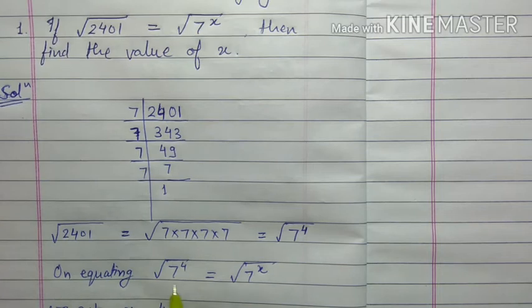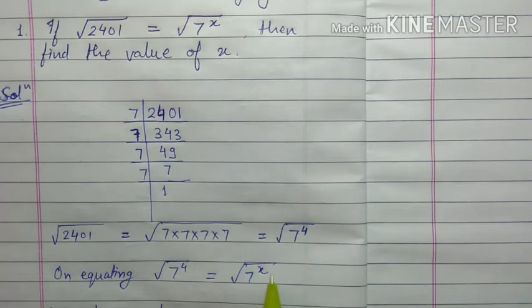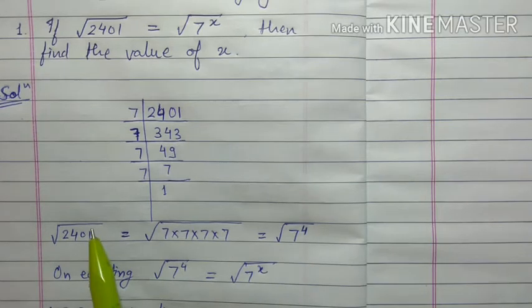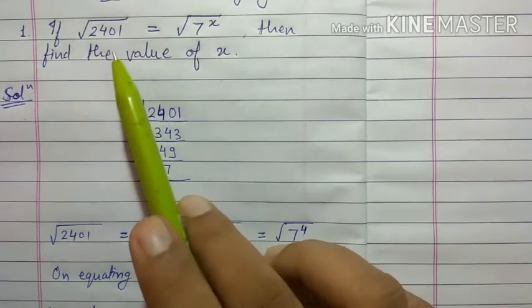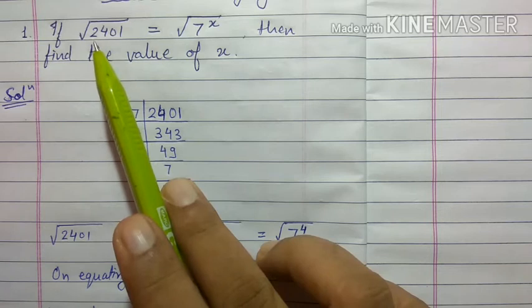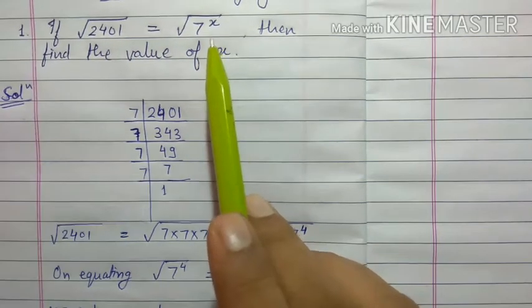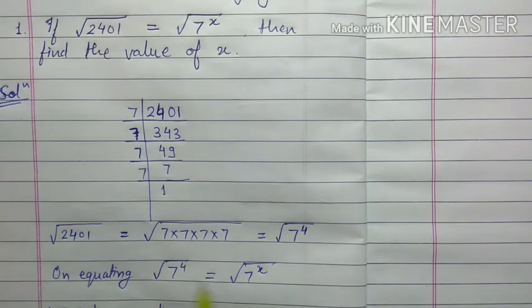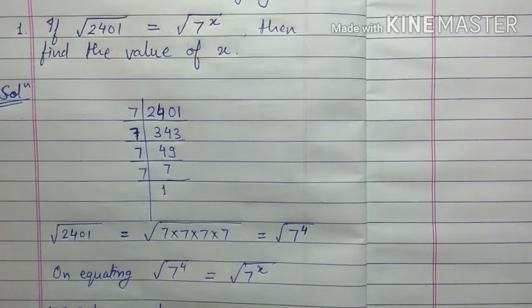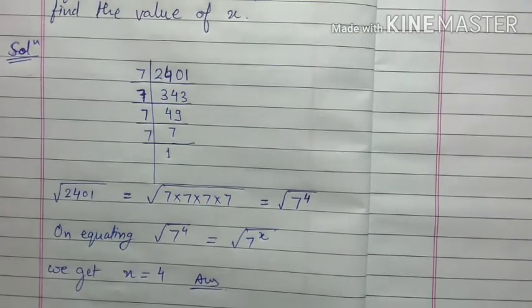So on equating under root 7 to the power 4 with under root 7 to the power x, we may equate both of them and we will get x is equal to 4. So this is our answer.